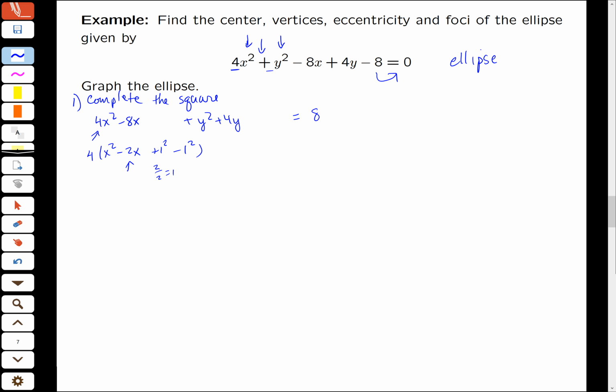And let's do the y's. There's nothing to factor out, no leading coefficient. 4 over 2 is equal to what? 2. So I'm going to add a 2 squared and subtract a 2 squared. So what I get is 4 times (x squared minus 2x plus 1) plus 4 times a minus 1, and then (y squared plus 4y plus 4) plus that minus 2 squared, which is our minus 4.